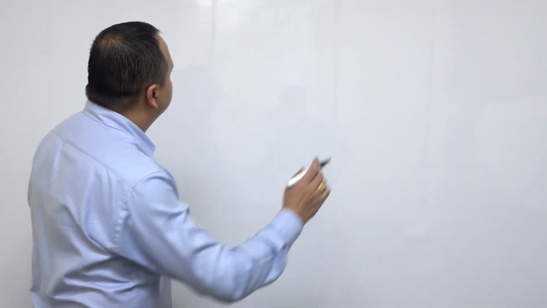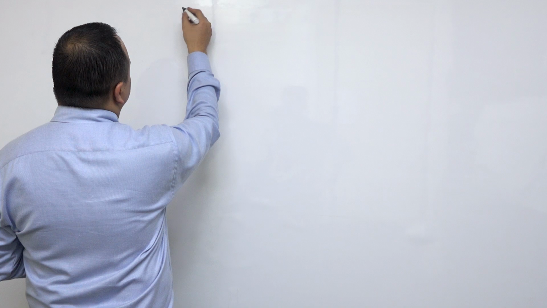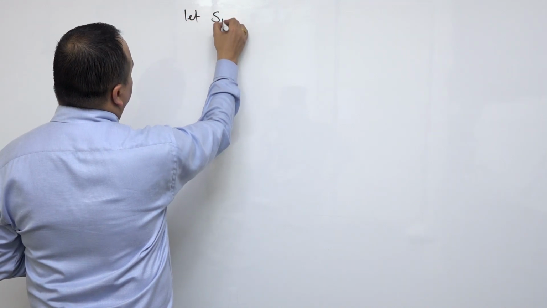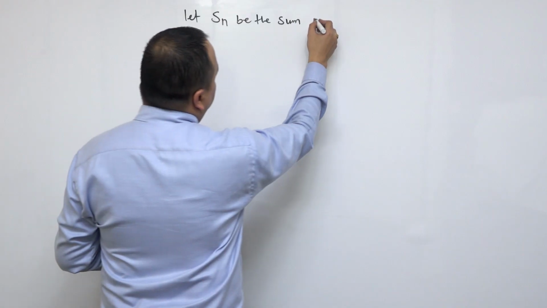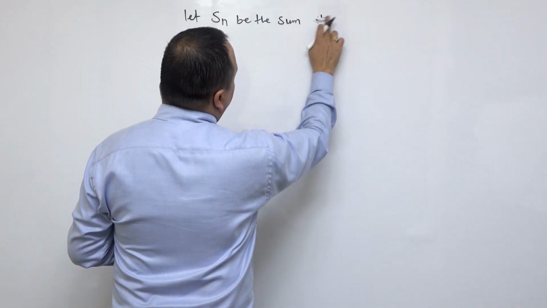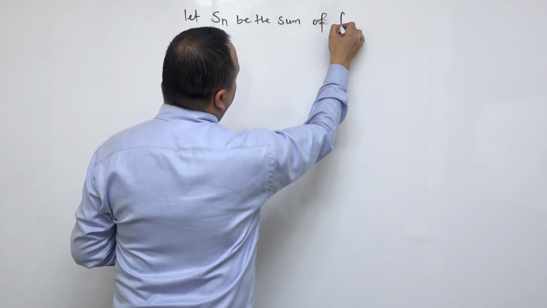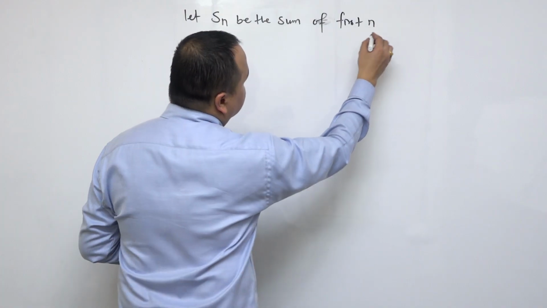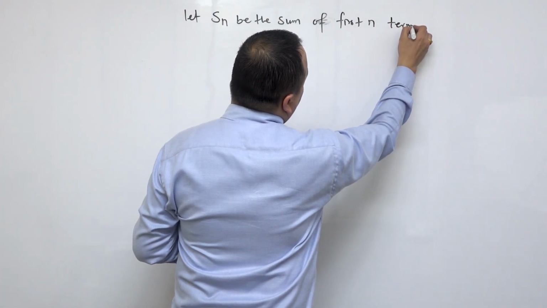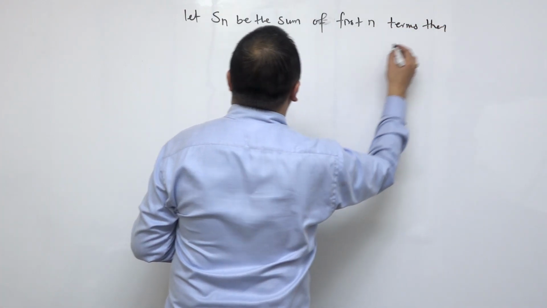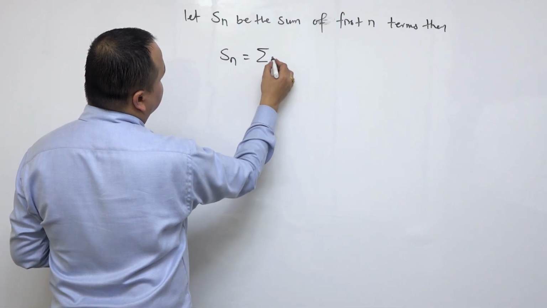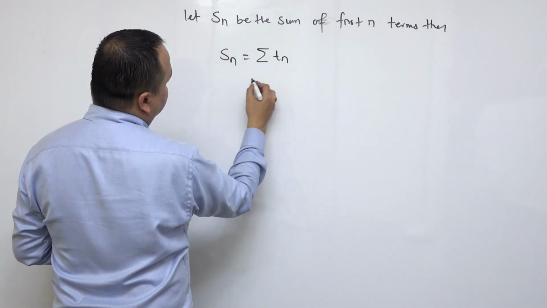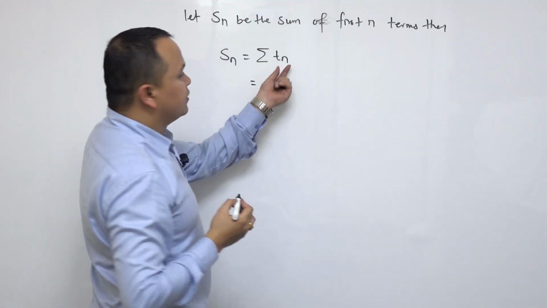For the next part, sum. Let Sn be the sum of the first n terms, then Sn is equal to summation Tn, the general term.